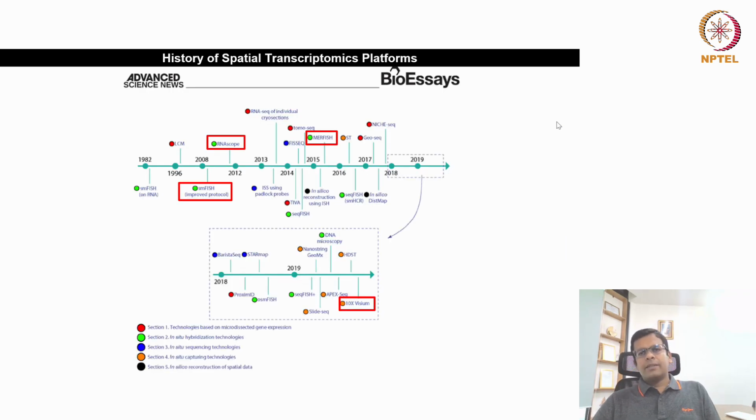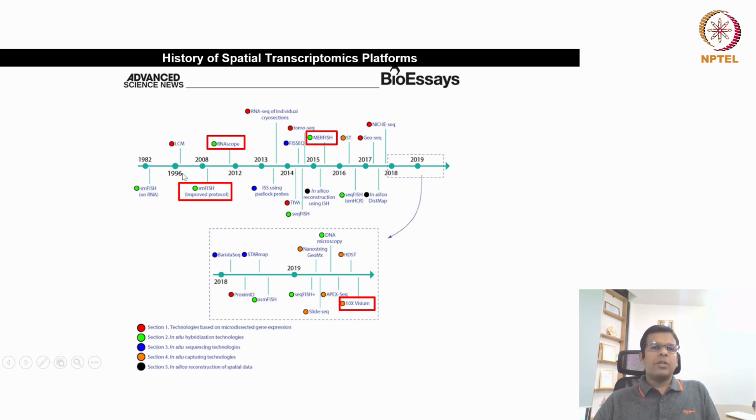Here is a little history about how these different platforms of spatial transcriptomics were developed. Initially this technology started from 1982, and the first technique developed for spatial transcriptomics analysis was smFISH, the single molecule mRNA FISH that we just discussed.